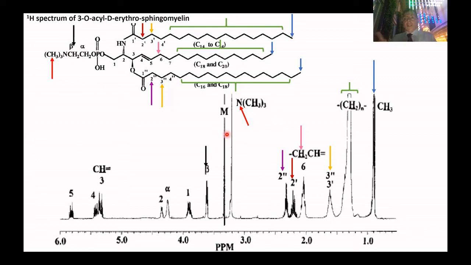As we explained before, CH3 first, then more deshielded is CH2, then more deshielded is CH. Then you will see the CH2 attached near the carbonyl group, then the alpha methylene proton, then the CH attached to the double bond, the double bond CH, and finally another CH2 attached to the double bond.